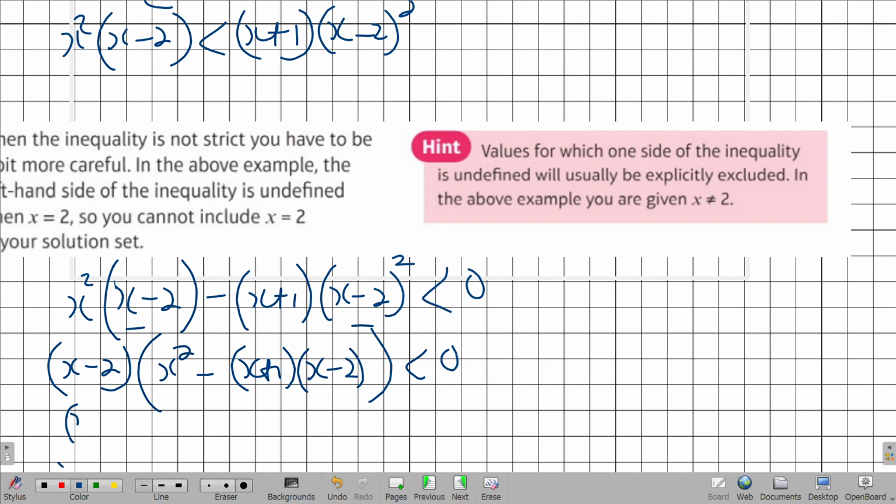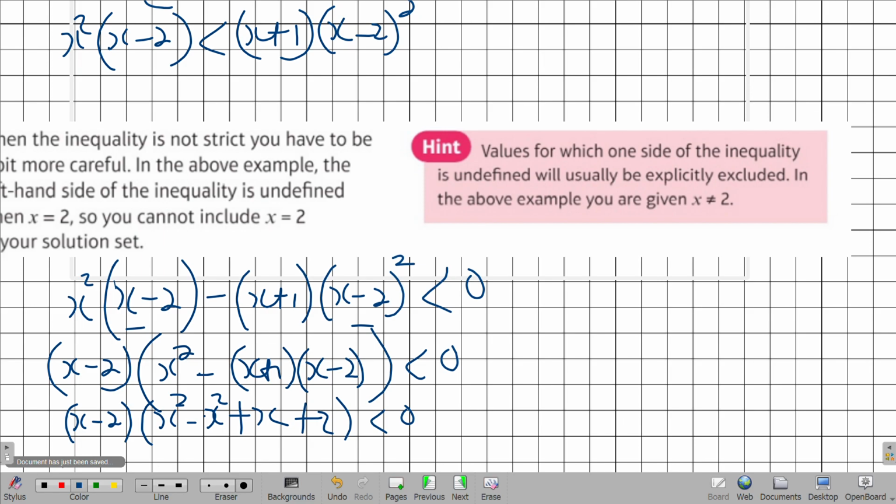Now we are going to have x minus 2 here, we're going to have x squared here, we are going to have minus x squared. Obviously that's x squared, then we've got minus 2, and minus 2 plus 1, that's just minus x. With this negative, it turns out to be x. And then with minus 2, that becomes plus 2, is less than 0.